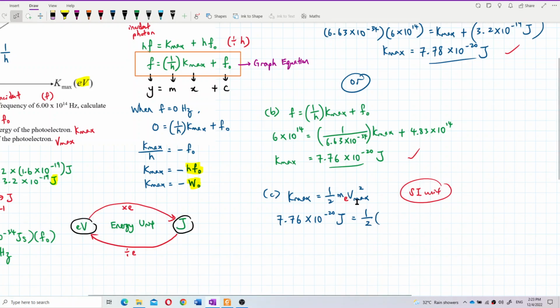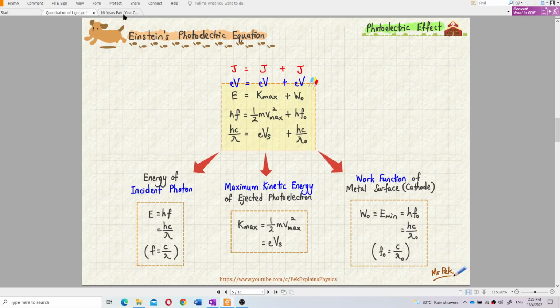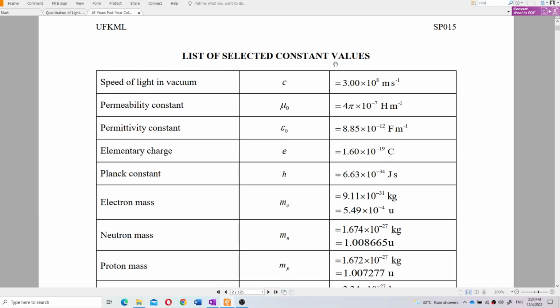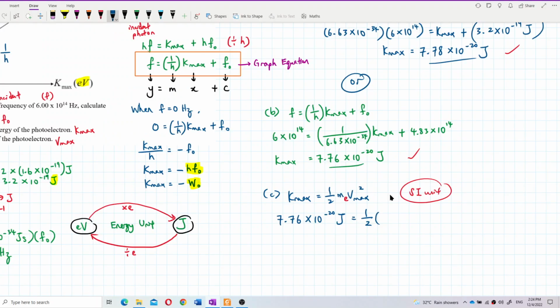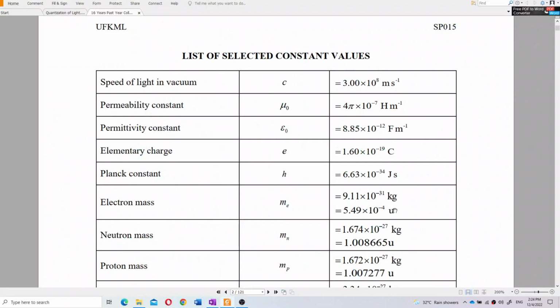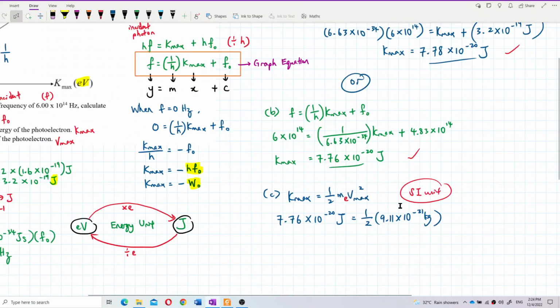You can find it from the list of constants provided in the exam. Electron mass is 9.11 exponent negative 31 kilogram. Use the kilogram. Don't use the atomic mass unit, this one is for later chapters.